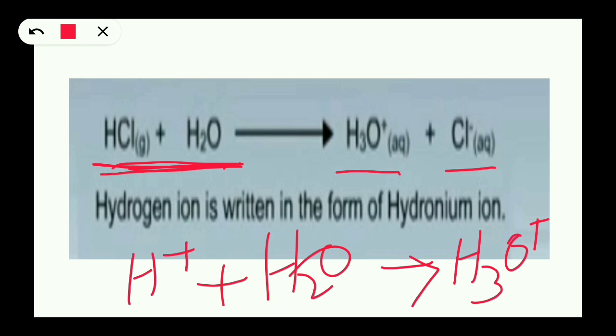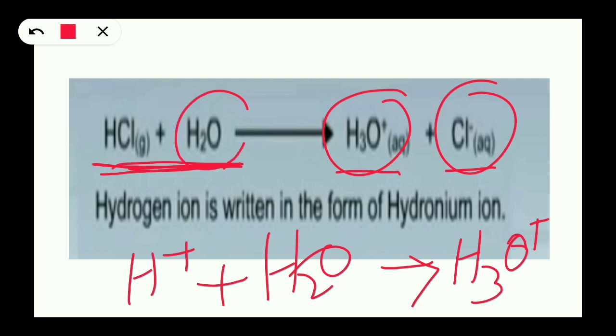Previously I told you children, it forms hydronium ion. So due to this hydronium ion and the Cl minus ion, it shows its acidic properties and it conducts electricity also. Understood children? This wet litmus paper contains some water molecules and thus they split into ions, whereas in the dry state, they cannot split because of the absence of water.